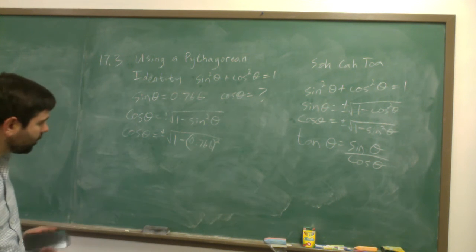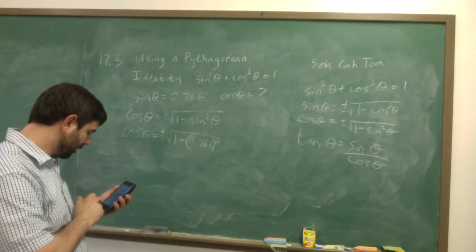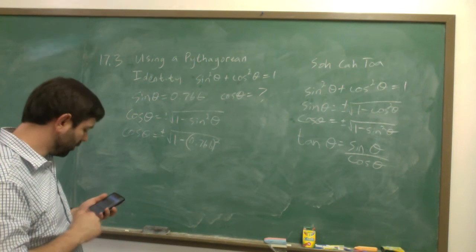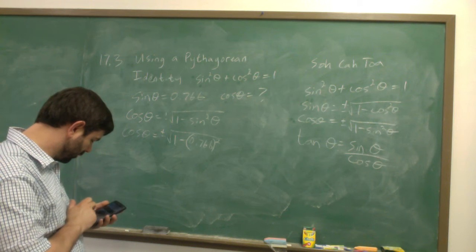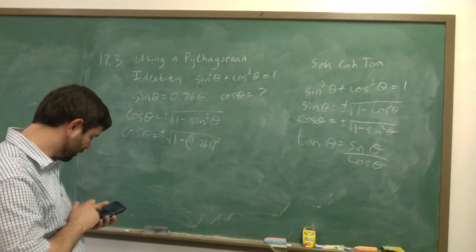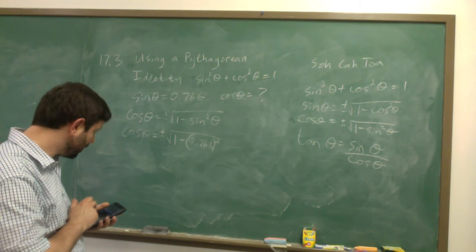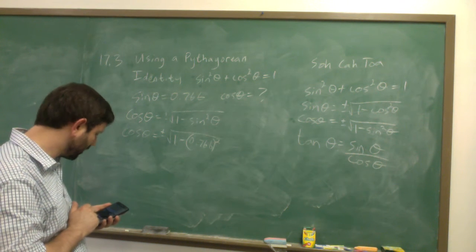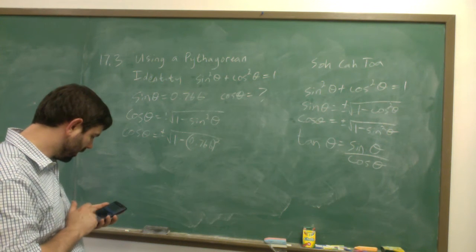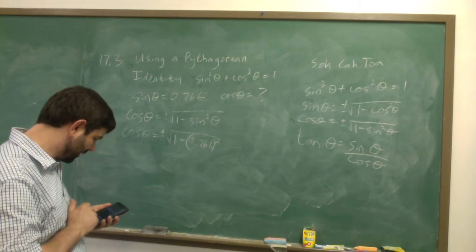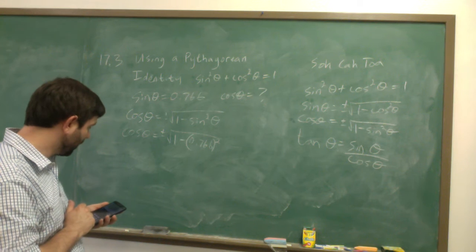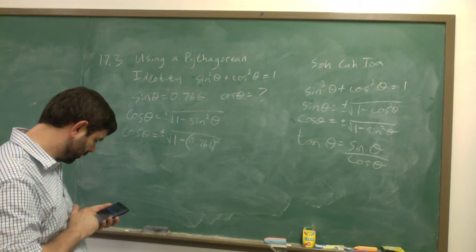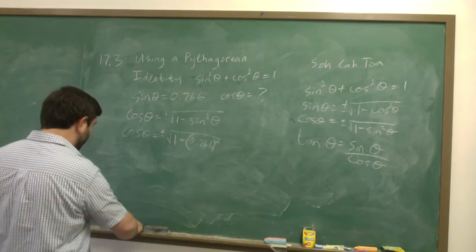We'll keep it rounded to 3 decimal places. Make sure your calculator is in radian mode. And mode, radian, good. 0.766 squared. 1 minus that. And then the square root of our answer equals cosine theta.